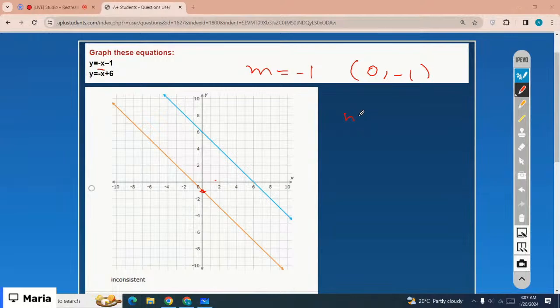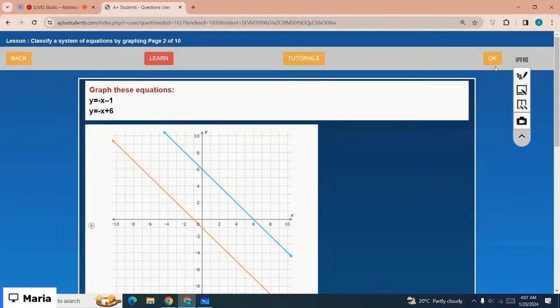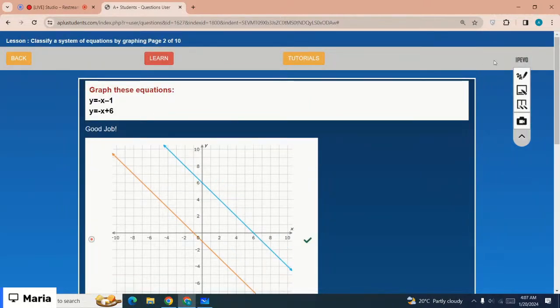Now for the second one, the slope is negative 1 and the y-intercept is 0, 6. That means the graph is touching the y-axis at 6. So isn't the first one the correct option? Yes, it is. Option number 1 is the correct option. The graphs never intersect each other. They are parallel lines and the system is inconsistent with no solution. Got it?